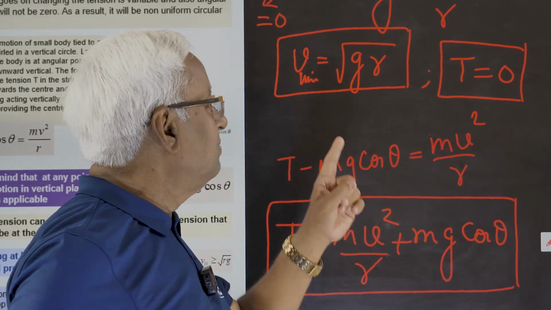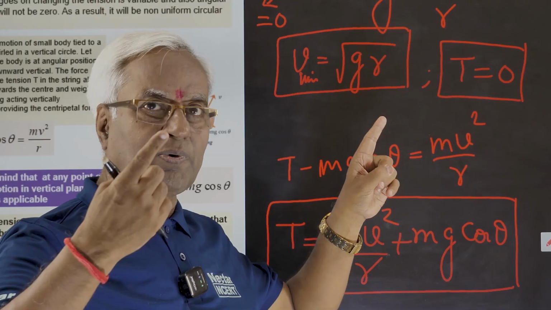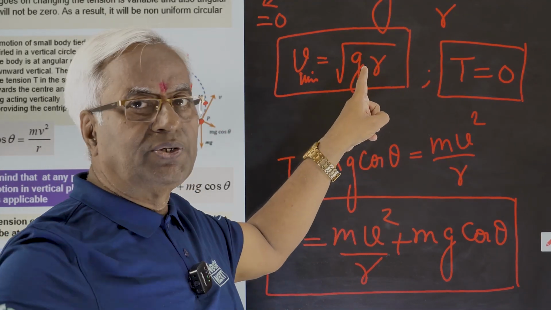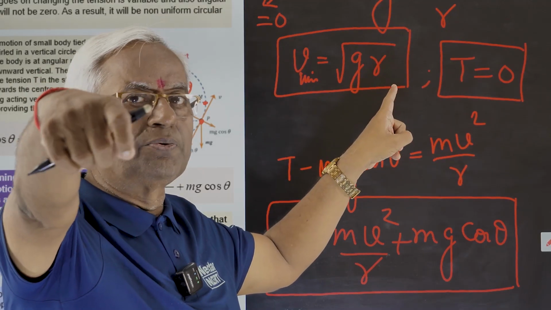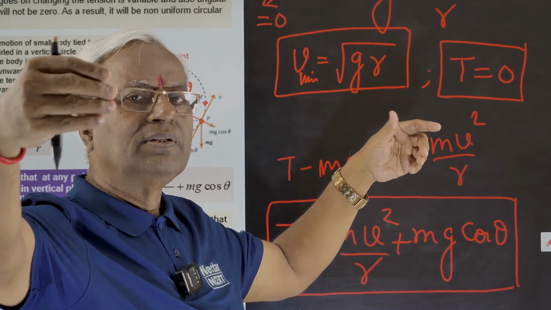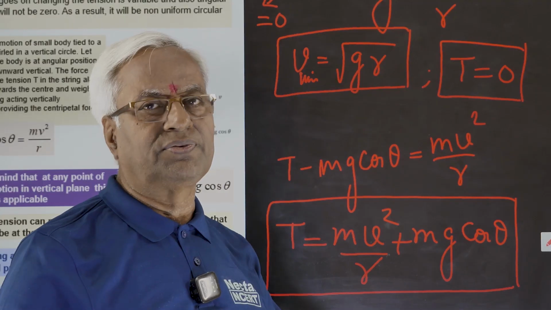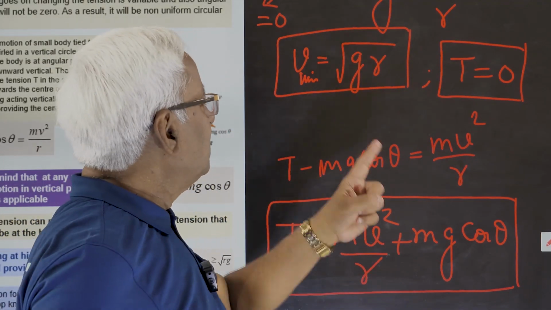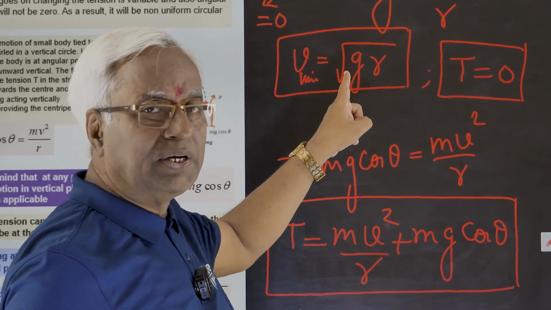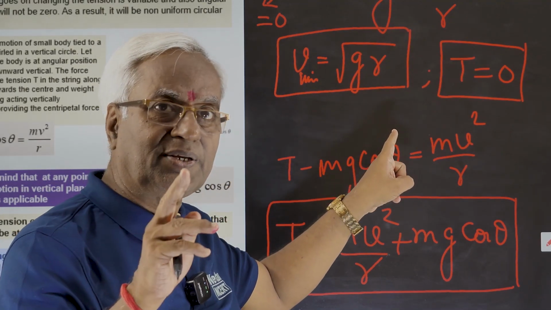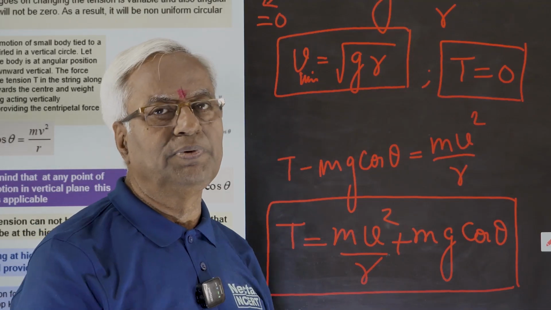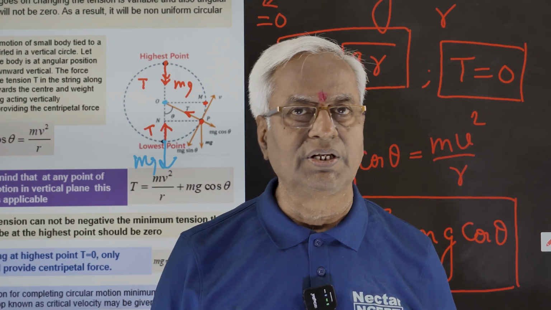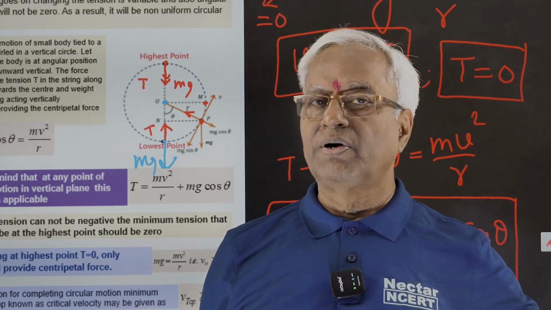When we say the minimum velocity at the highest point, it simply means if you use the velocity at the highest point, root 2gR, root 3gR, root 4gR, there will be no kind of difference. It will be continued. The motion will continue. But if you want to decrease the velocity less than this, then the motion is not going to be completed. This is the meaning of critical velocity in circular motion in vertical plane.